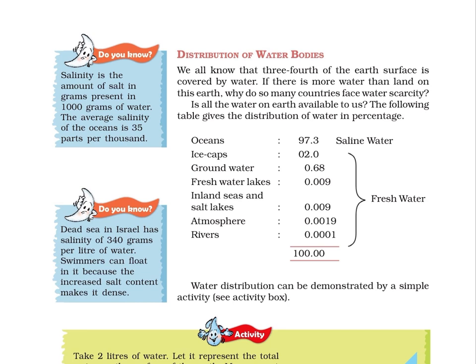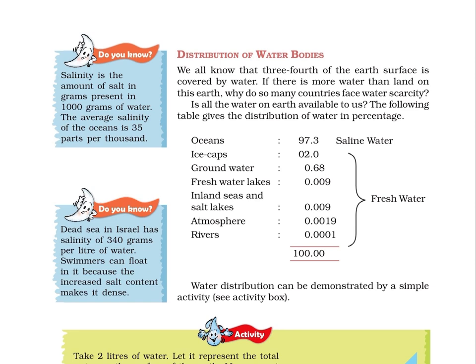Oceans, 97.3 saline water. Ice caps, 2.0. Groundwater, 0.68. Freshwater lakes, 0.009. Inland lakes and salt lakes, 0.009.